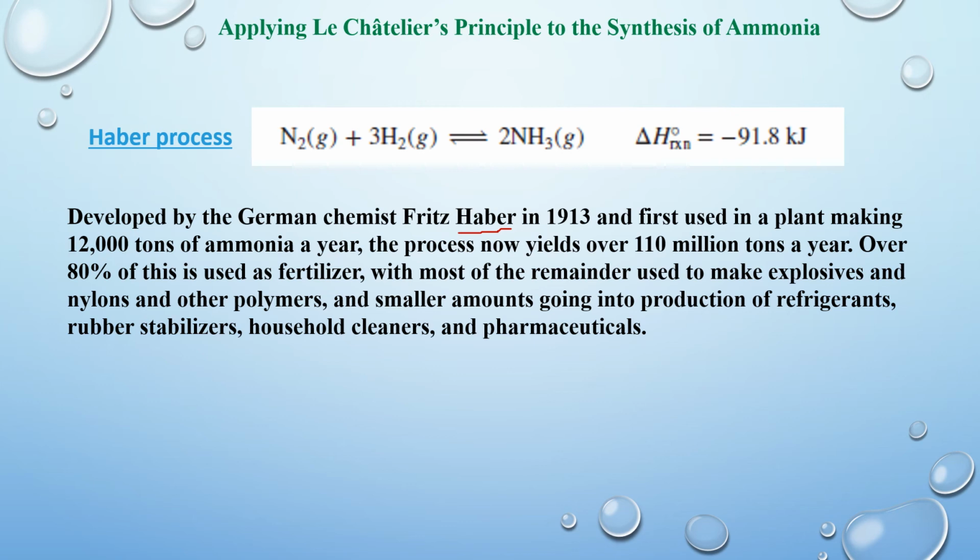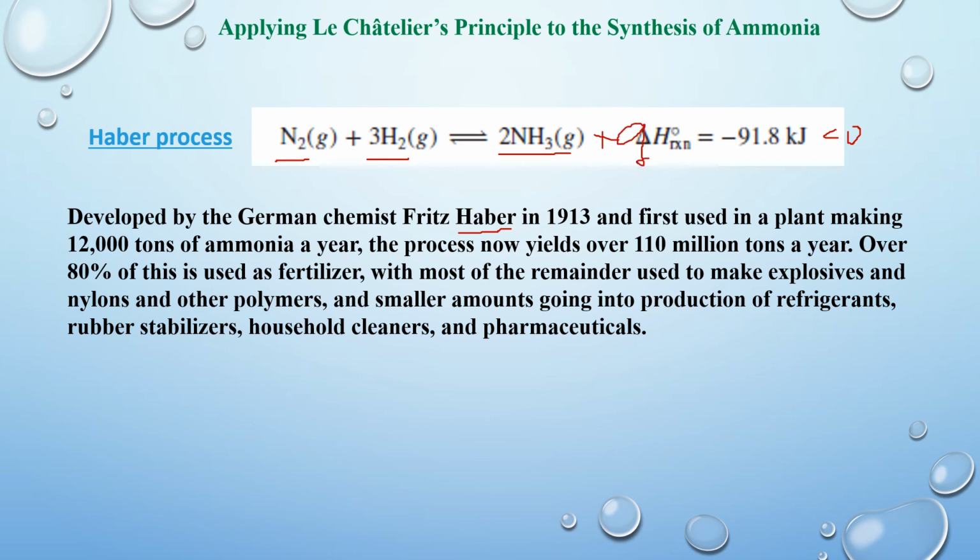In this process, ammonia is produced by reacting 1 mole of nitrogen gas and 3 moles of hydrogen gas, generating 2 moles of ammonia. And this is an exothermic reaction, because delta H is less than 0. So we can put the Q on the right-hand side.